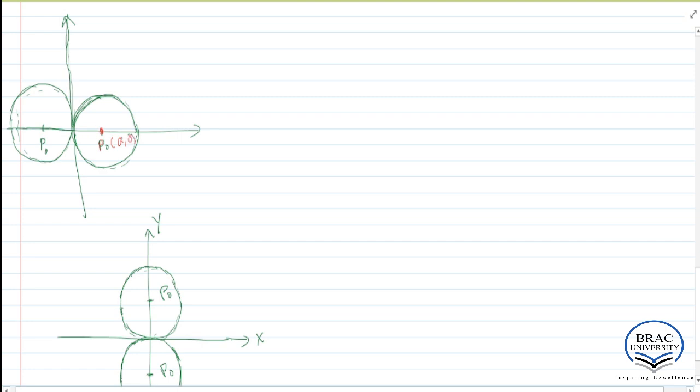So when we are considering any point on the x-axis, the angular coordinate value is 0.